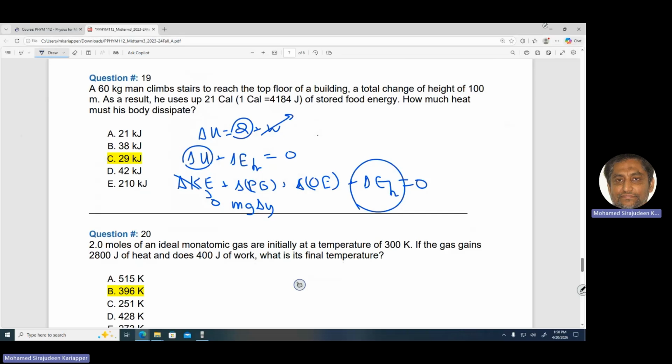And you're using up the food energy, so it is decreasing, right? The food energy is releasing energy, so minus 21 calorie, and you have to convert it into joule, with a negative sign.